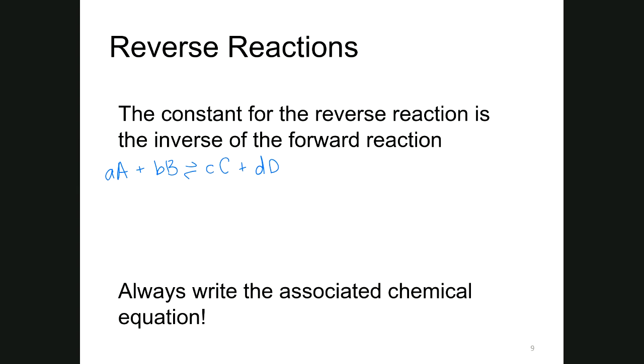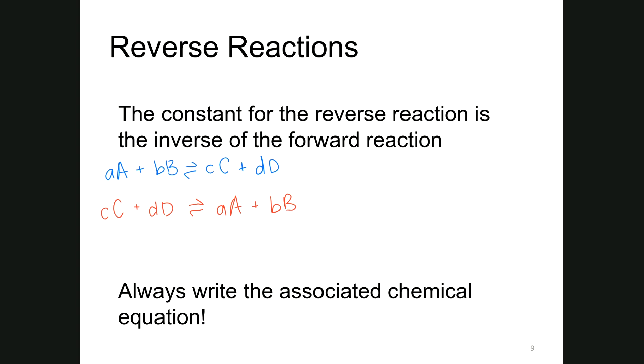So if we reverse it, it becomes cC plus dD makes aA and bB. So in this case, our products are now the reactants, and our reactants are now the products. And remember, in order to solve for K, you are taking the products over the reactants.